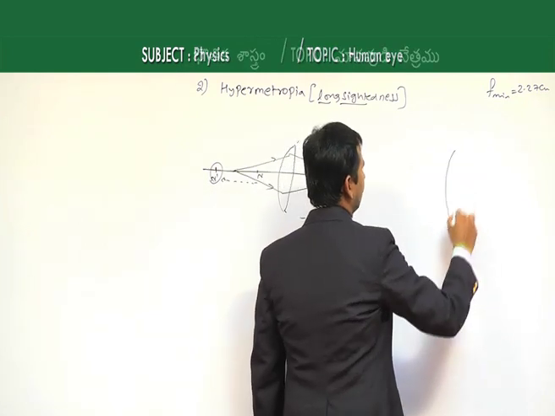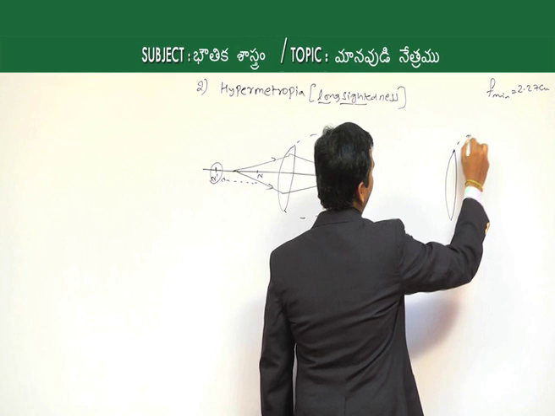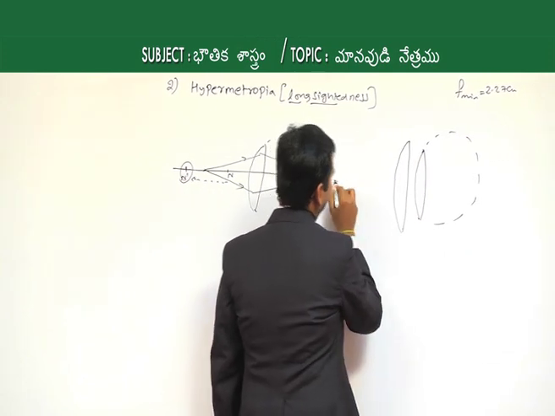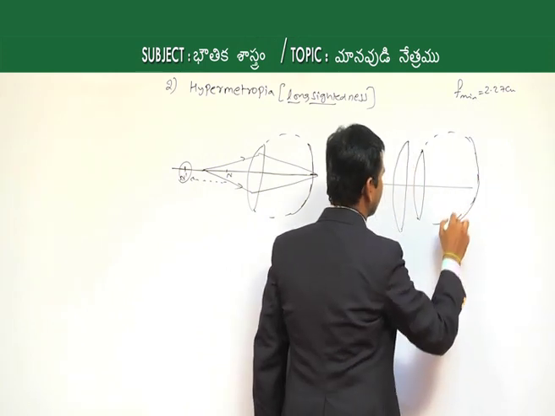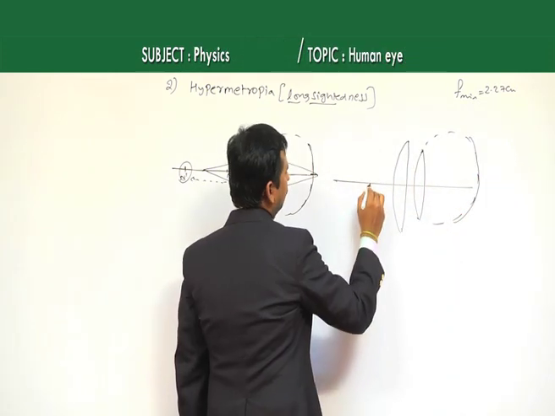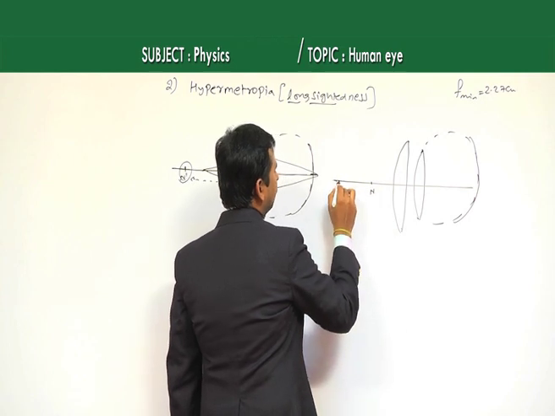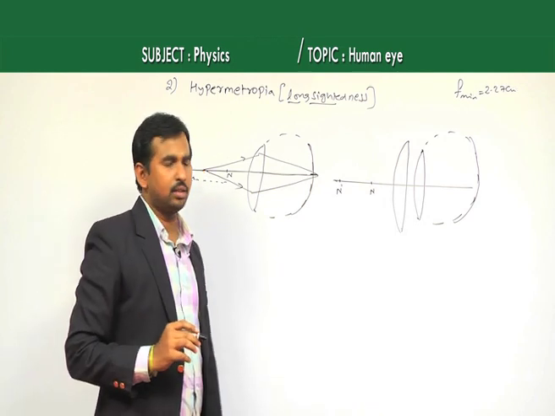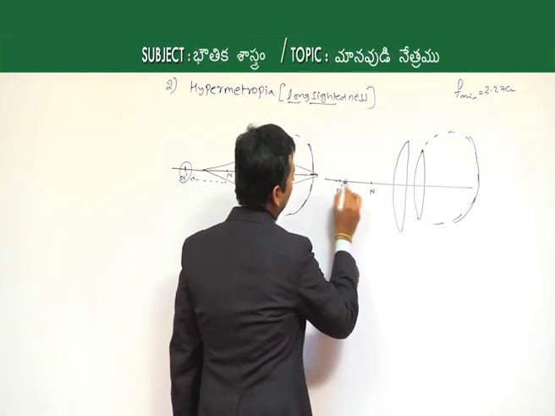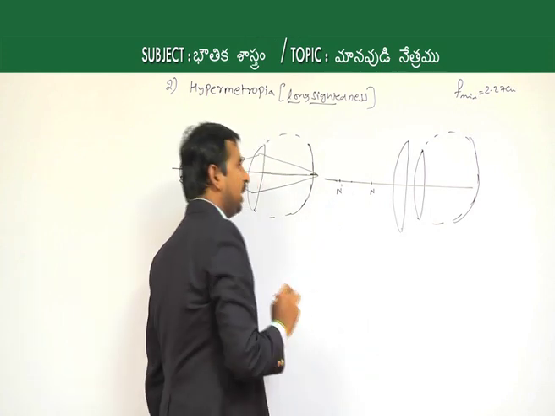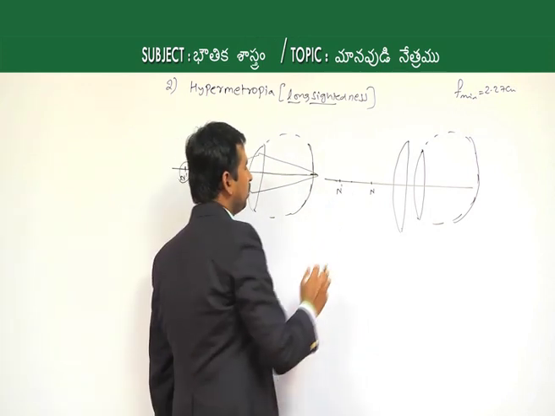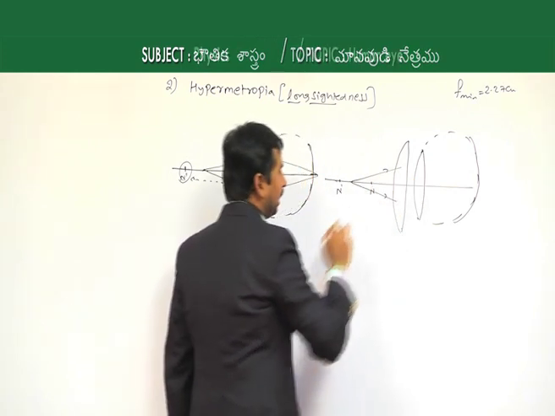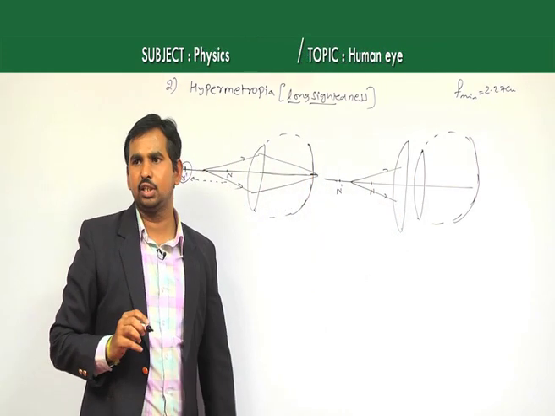If you take a convex lens before our eye lens, here like this. Now, this is the original near point, but this is the near point actually for the case of our eye lens. Now, we are taking the object which is between n and n dash. Here we have one extra convex lens, and the nature of a convex lens is converging.